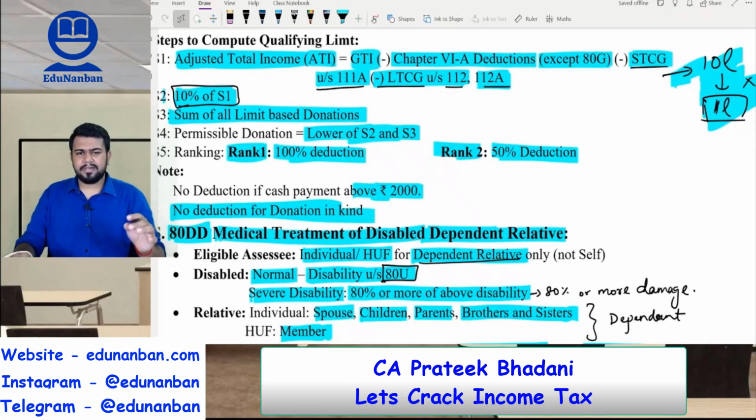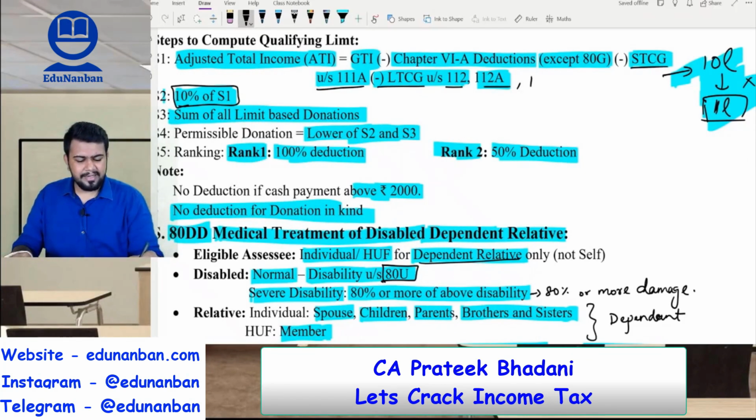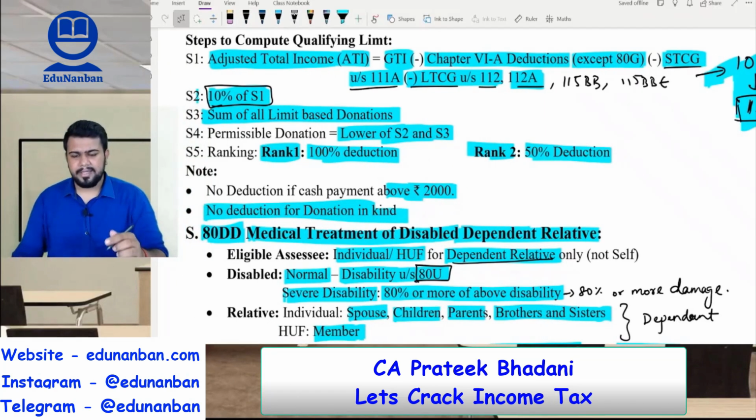After reducing all these, you should also reduce any 115BB income or 115BBE income. After reducing all this, the amount you get will be called adjusted total income. You should take 10% of adjusted total income.